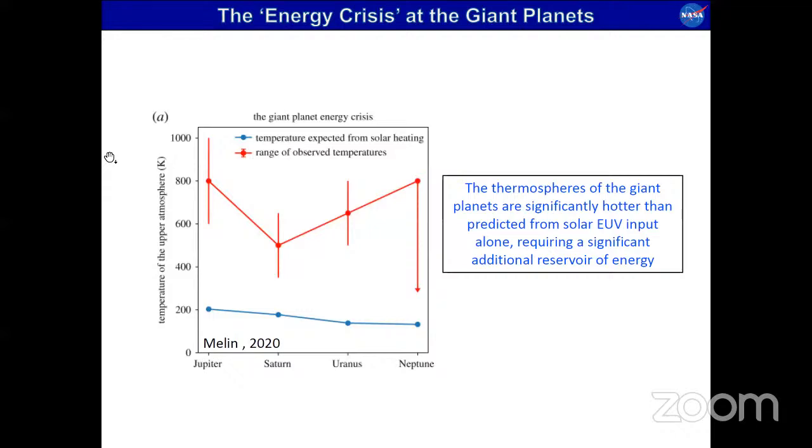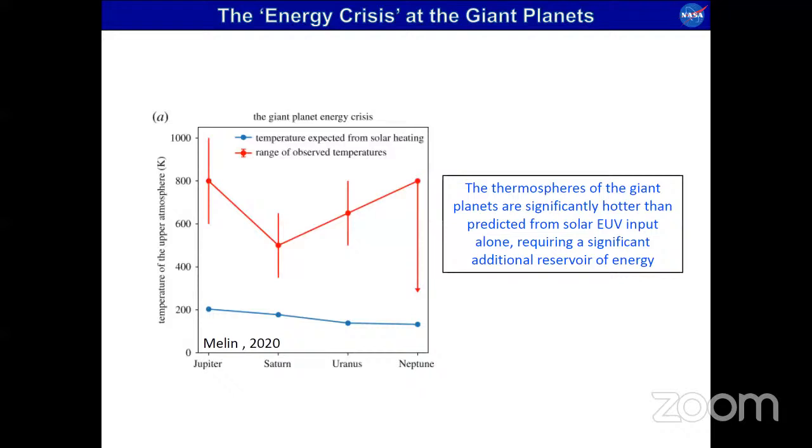One of the things that motivates this is thinking about the energy crises that appear at the different planets. This is a plot of thermospheric temperatures of the outer planets, the ice giants and the gas giants: Jupiter, Saturn, Uranus, and Neptune.